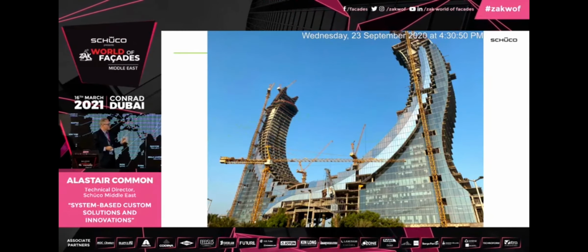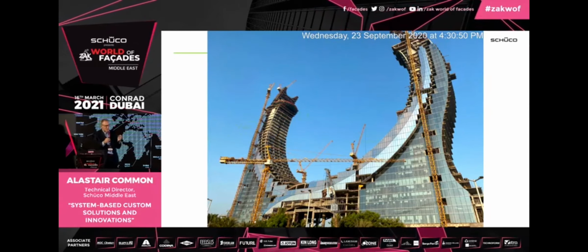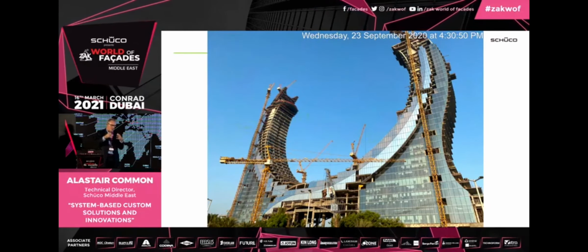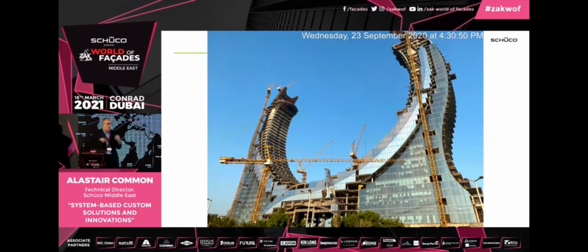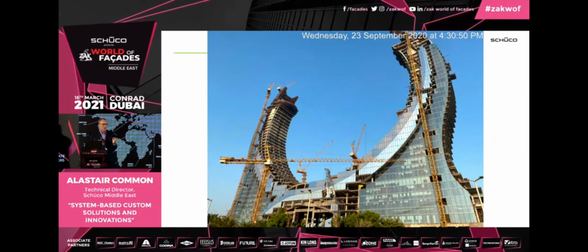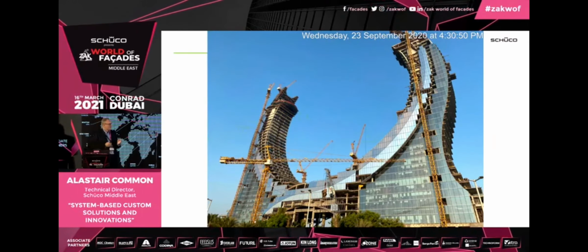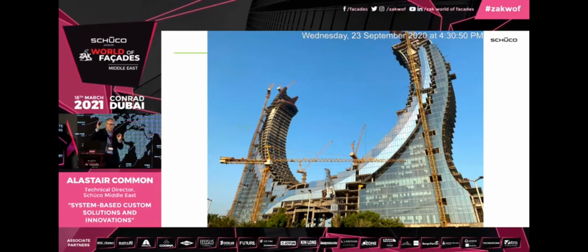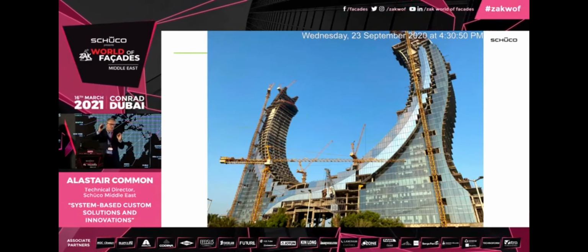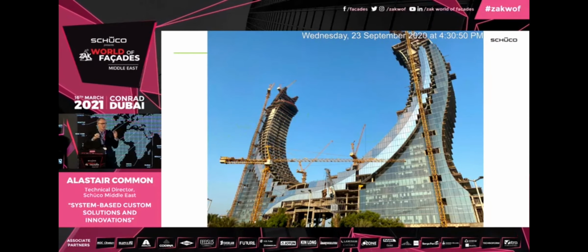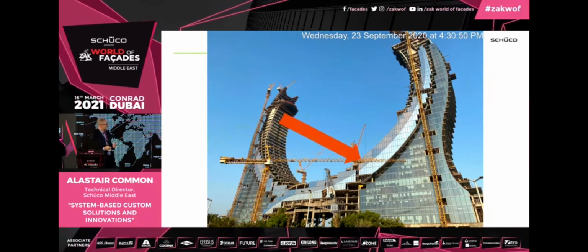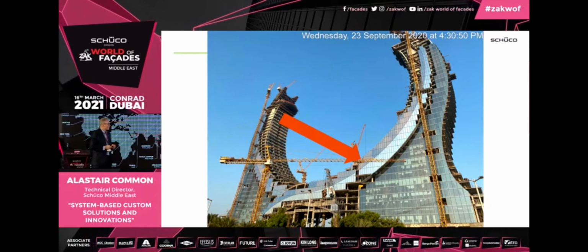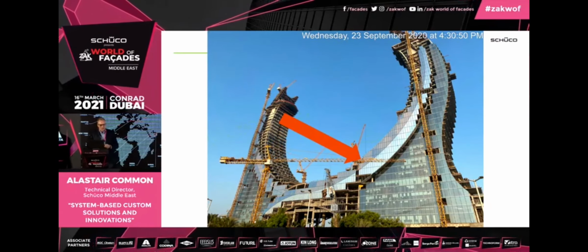So all of this geometry was created with a unitized system, or a semi-unitized system, where we were able to amalgamate different ideas from our different experiences without necessarily reinventing the wheel, but understanding how we can pick from different systems and different experiences and make them work on something which is completely new. And those first lonely little panels were installed there.